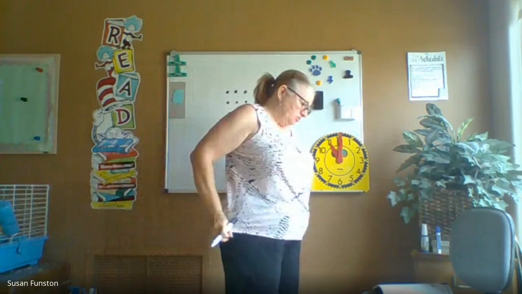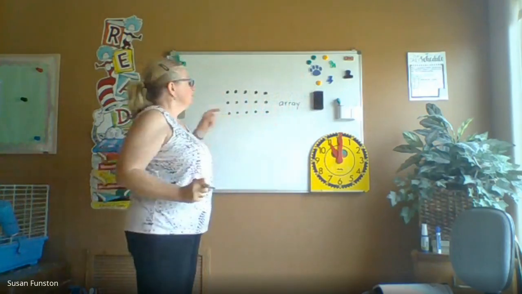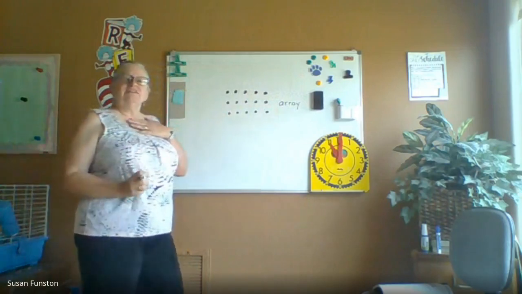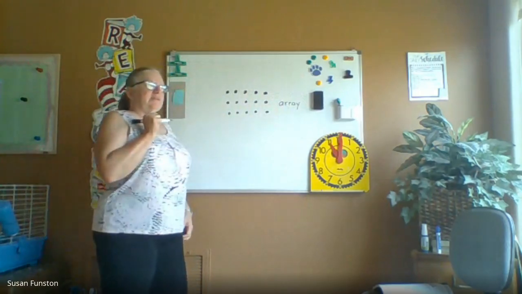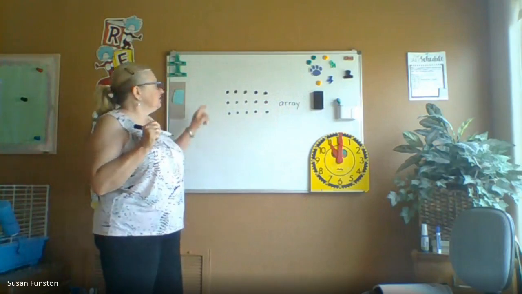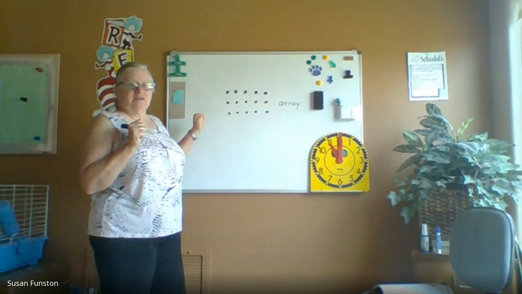Okay, can you find the total number for me using an addition sentence? We're going to use the plus sign. We want something plus something plus something equals our total.